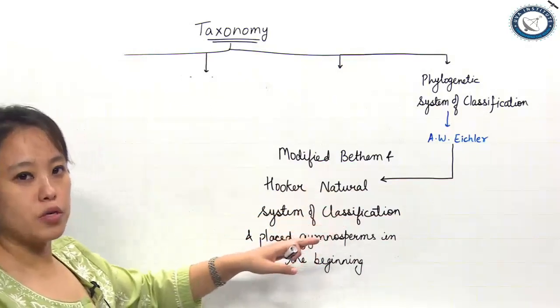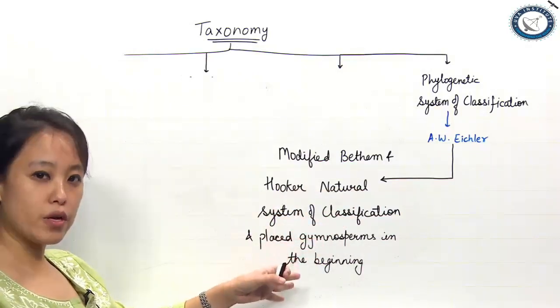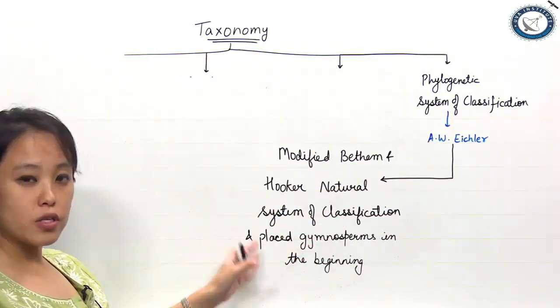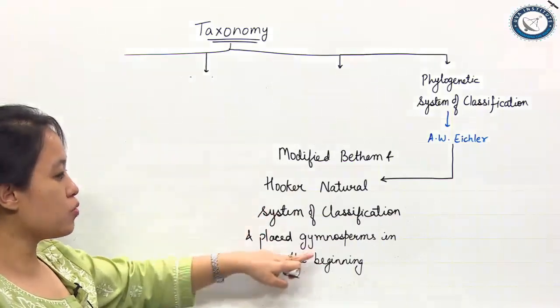A.W. Eichler was the person who modified Bentham and Hooker's theory of natural classification, and they placed gymnosperms in the beginning.